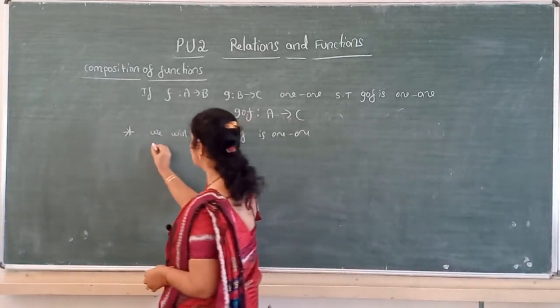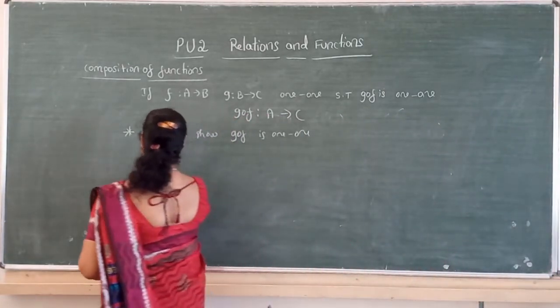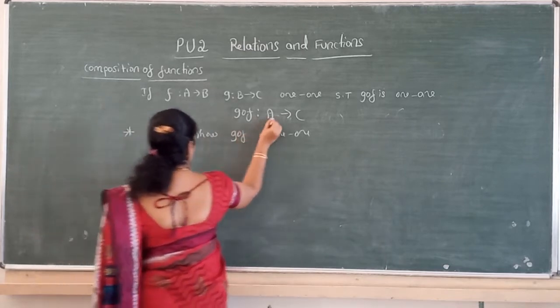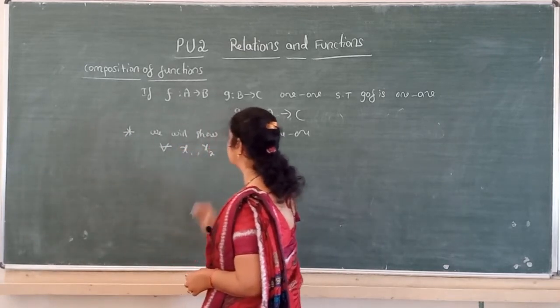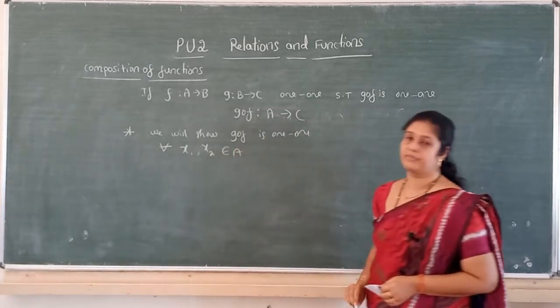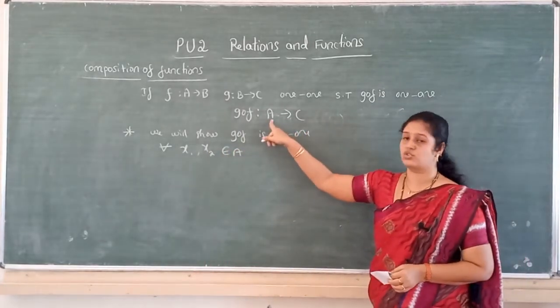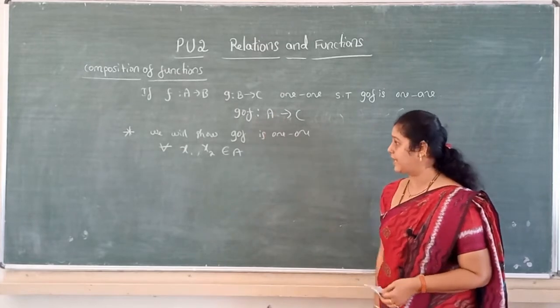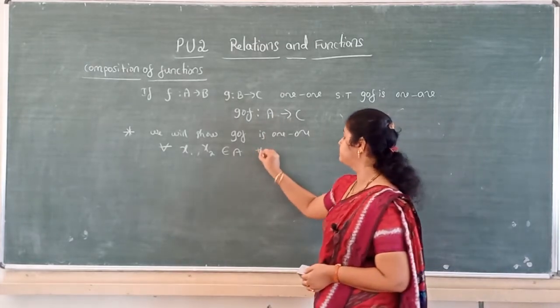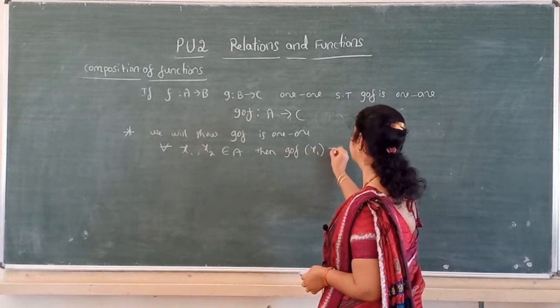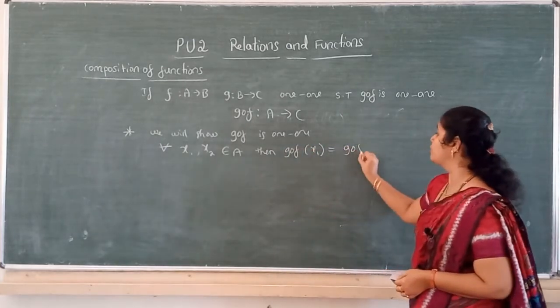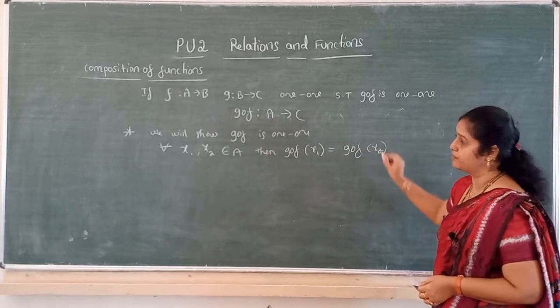To show this, I have to take elements in the domain of g of f, that is x1, x2 belong to A. Now I am taking x1 and x2 that belong to the set A, then g of f of x1 is equal to g of f of x2.